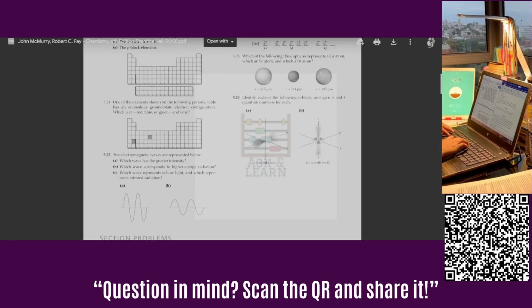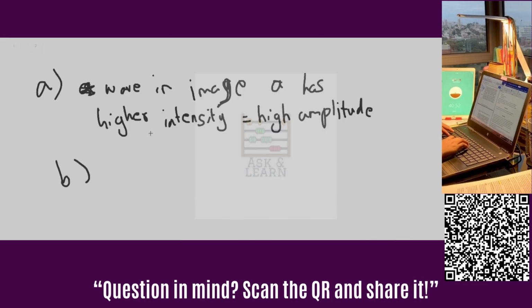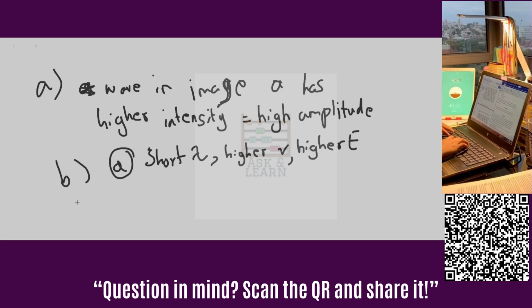So that's how we know: shorter wavelength, higher frequency, higher energy. So A is going to be our answer again, because of short wavelength, higher frequency, higher energy.